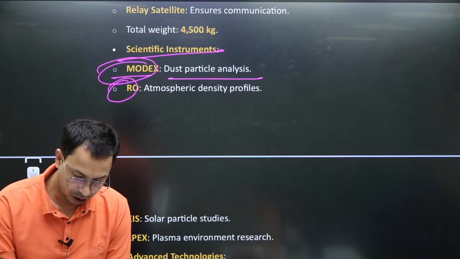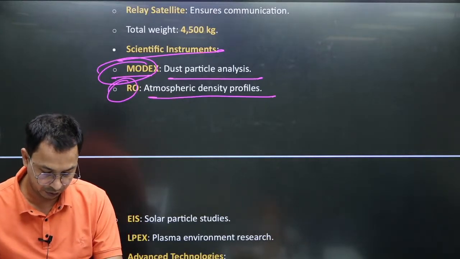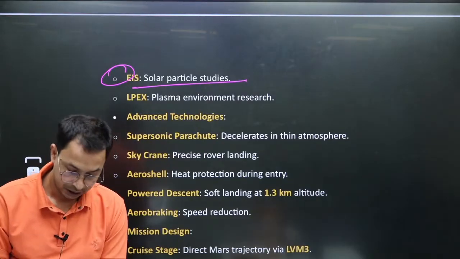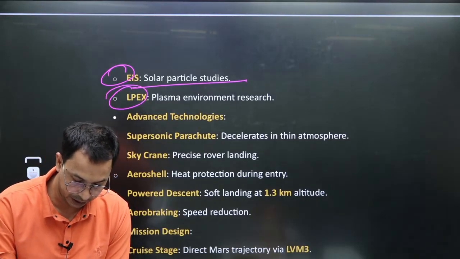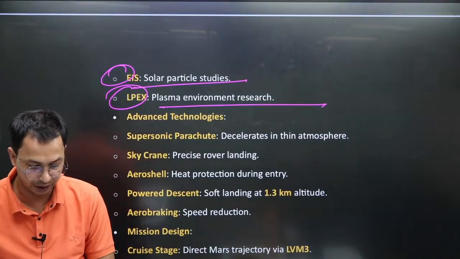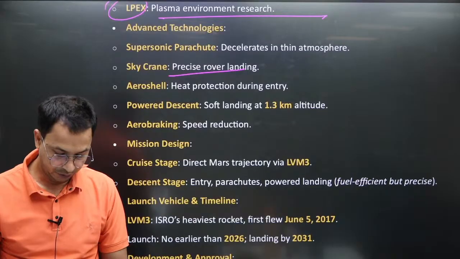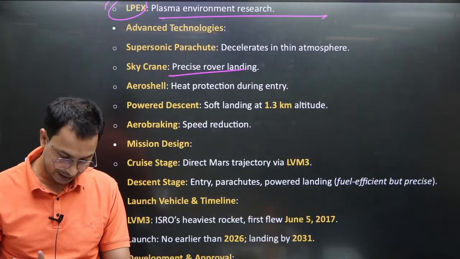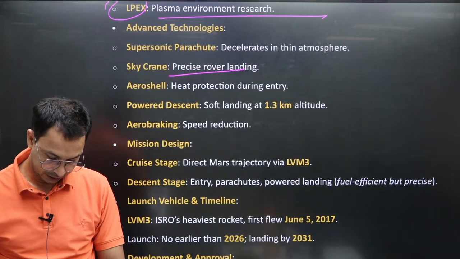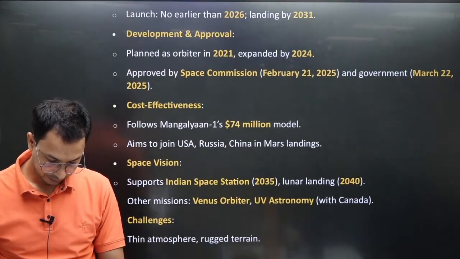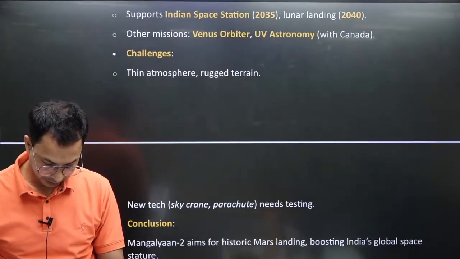It has RO, which will study the atmospheric density profile. It has EIS, which will do solar particle studies. It has the LPEX, which will do plasma environment research. Then sky crane will provide the precise landing over Mars, and this is how Mangalyaan 2 will be completed.